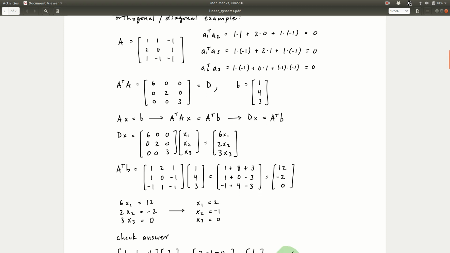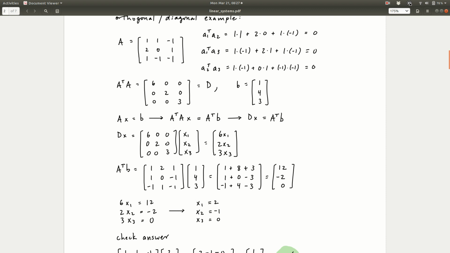And if we write everything out, what does Dx look like? Dx looks like D times x. So it's just going to be 6 times x1, 2 times x2, 3 times x3. So this becomes our new left-hand side. And if we do A transpose B, these are all just numbers, there are no variables here.